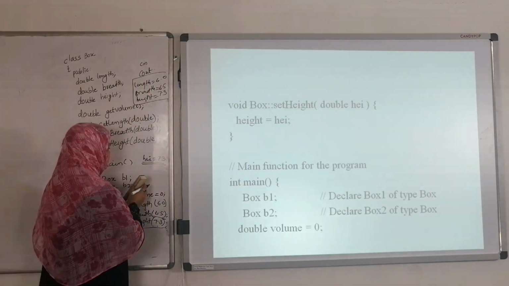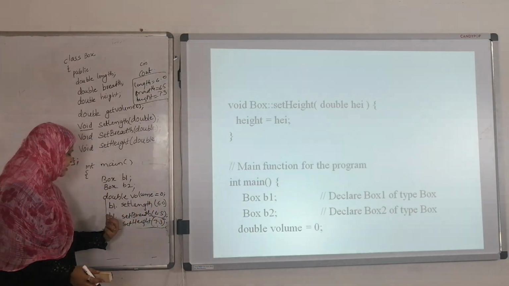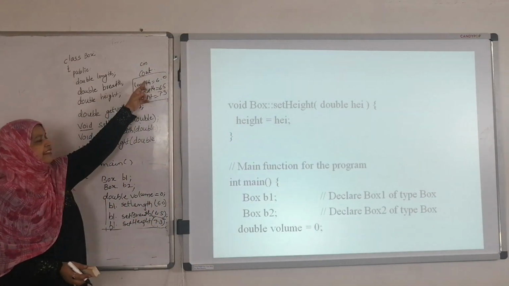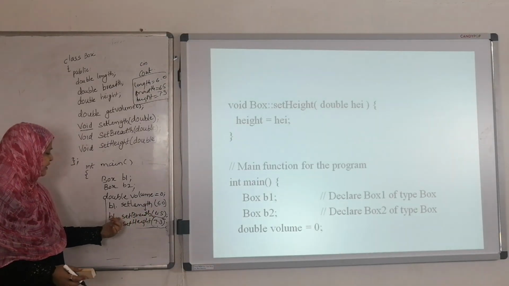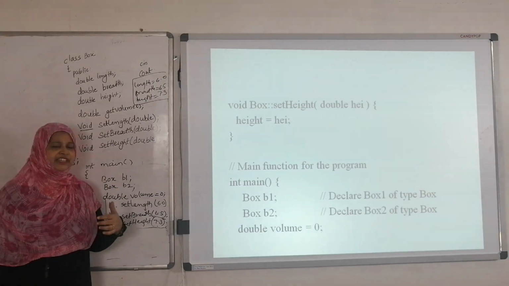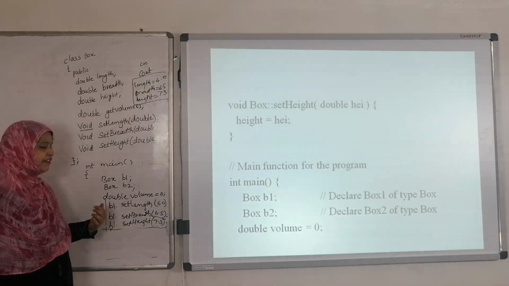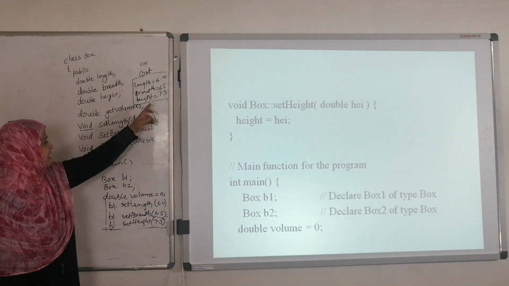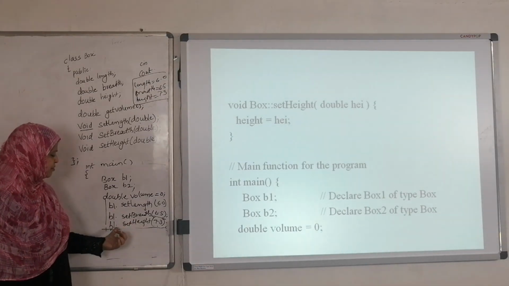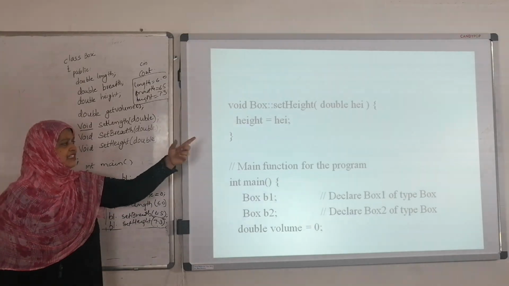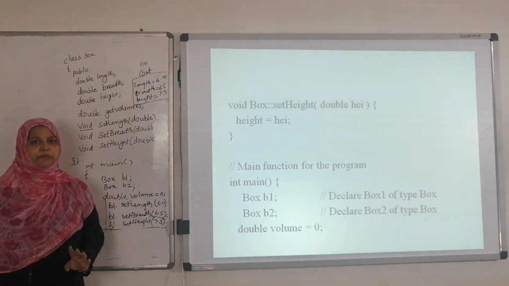Whenever we call these functions by using the object B1, B1 dot set length 6.0 means we are directly assigning length equals 6.0, and B1 dot set breadth is 6.5. Whenever we call a function, it executes the statements present in that function definition. In the definition, breadth equals BRE, that is 6.5. For B1 dot set height, calling this function using the object B1 assigns the HEI value to the height, that is 7.3. Now the value of height is 7.3.